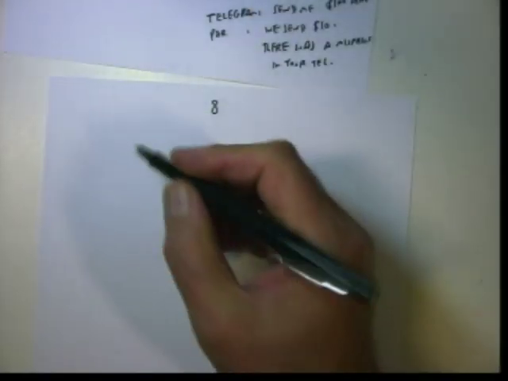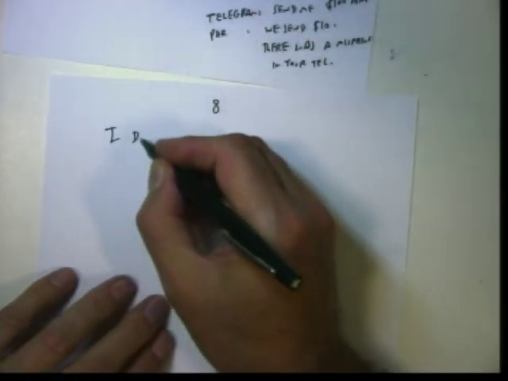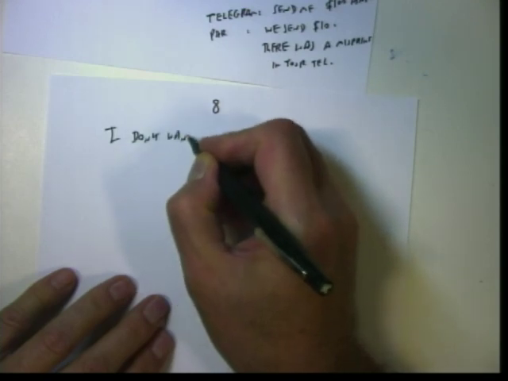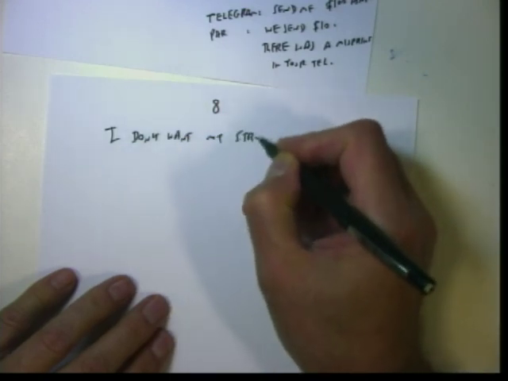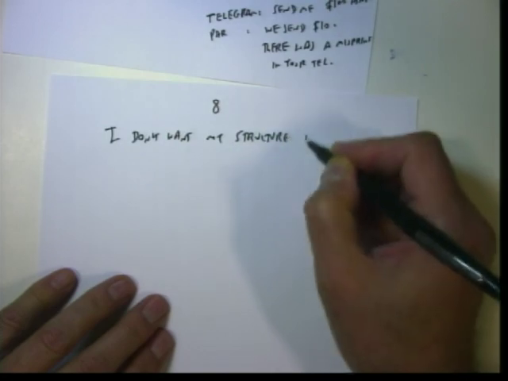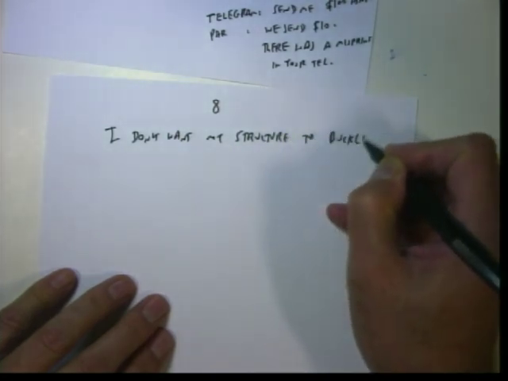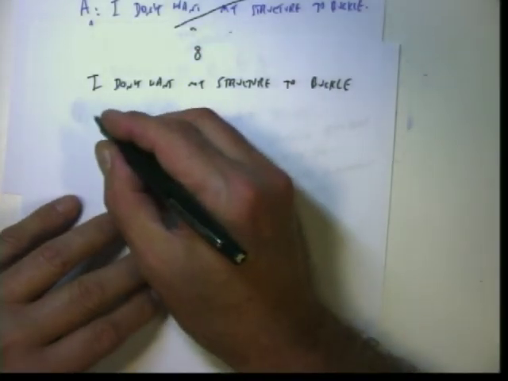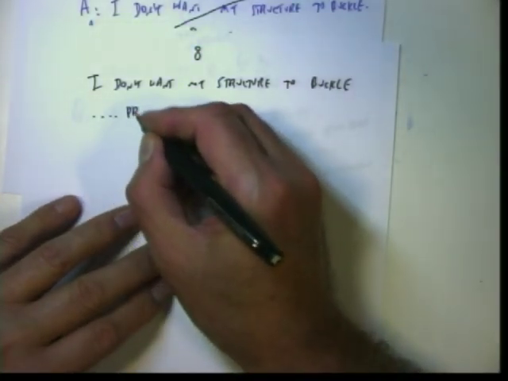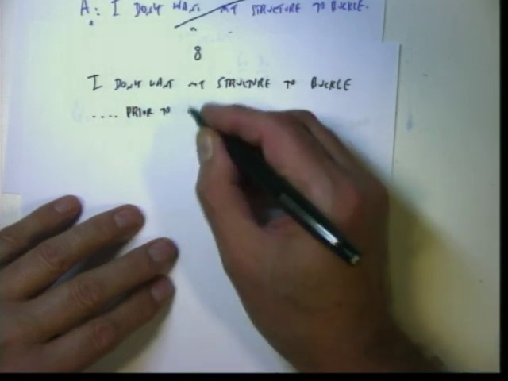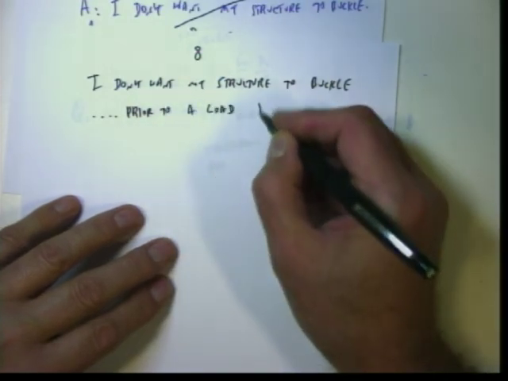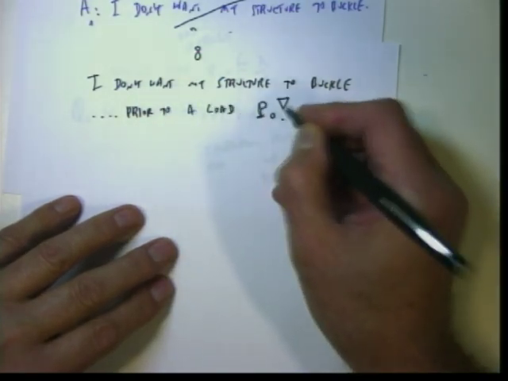So I don't want my structure to buckle. That starts exactly the same. But here we have to add, prior to a load P sub 0. That is what I don't want. I want, if buckling occurs, it to occur after P0.